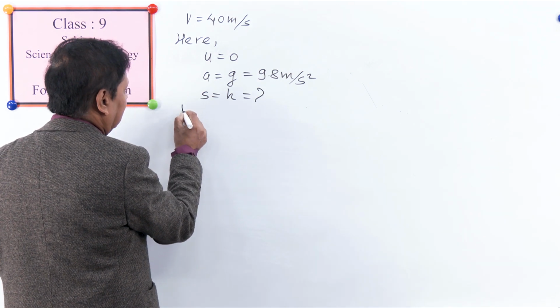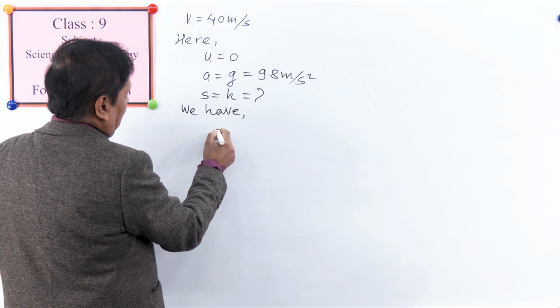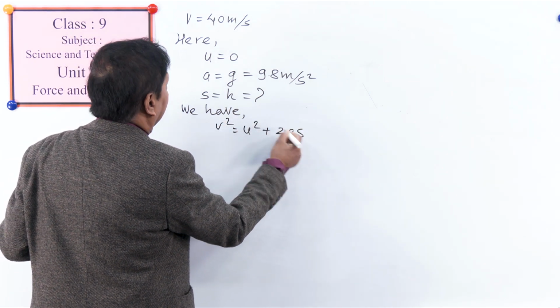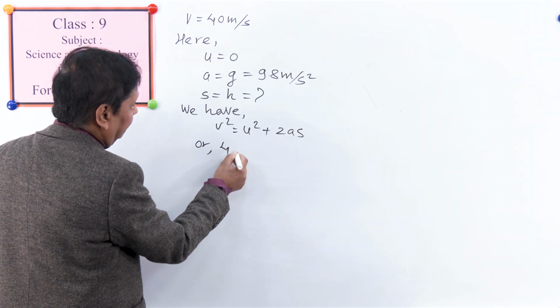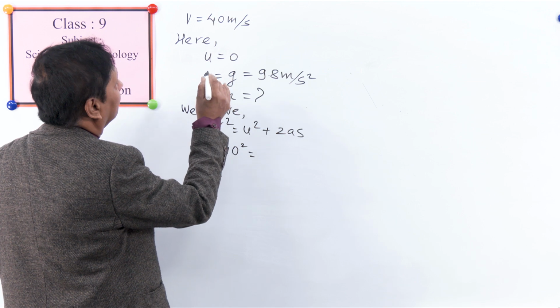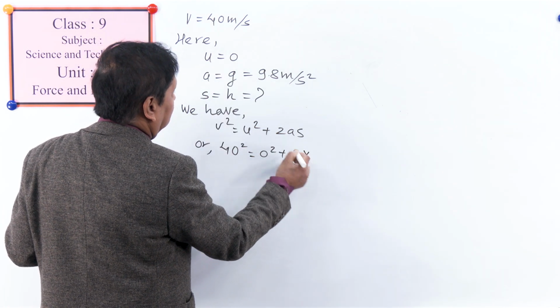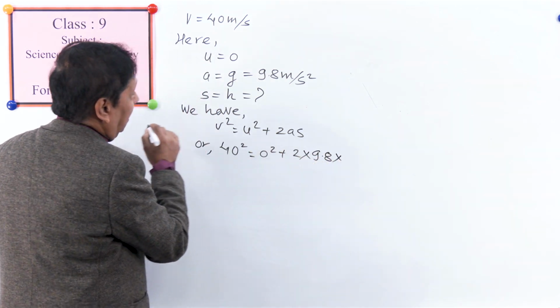So, I can write we have v square equal to u square plus 2as and value of v is 40, 40 square equal to u square means 0 square plus 2 into value of a is 9.8 into s.